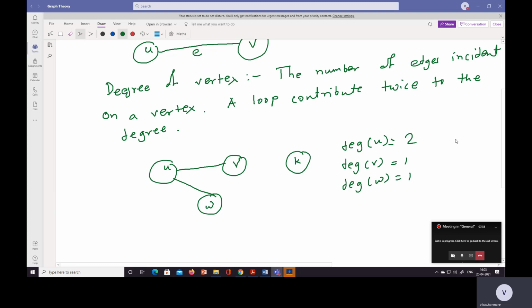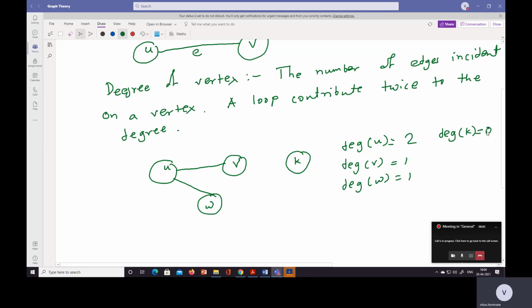What is the degree of K? By the definition, the number of edges incident on a vertex. But here, no edge is incident on this K. So the degree of K is equal to 0.